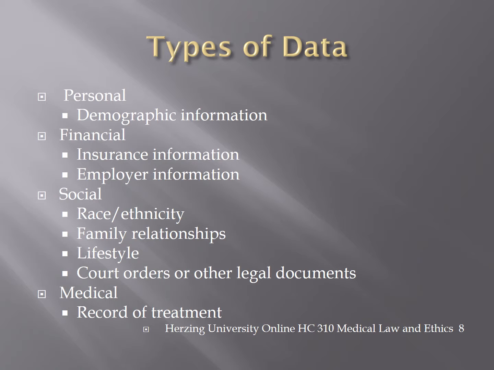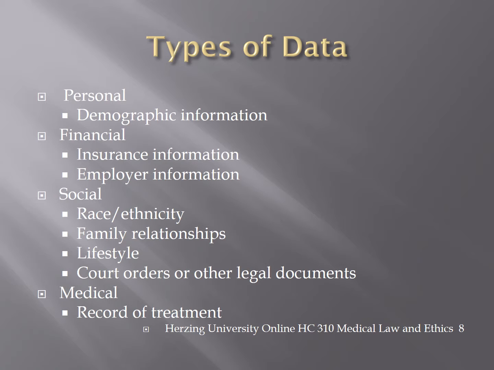Types of data. Types of data contained in the medical record include the following: personal data or demographic information such as sex, marital status, residence, and other forms of demographic information. Financial data.